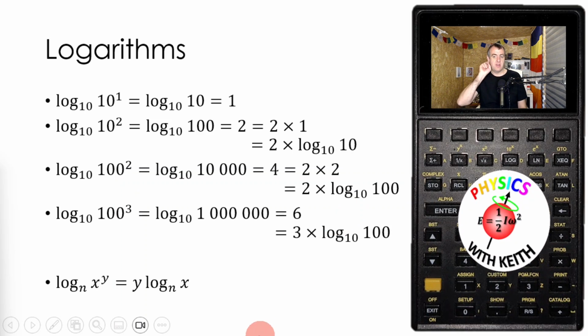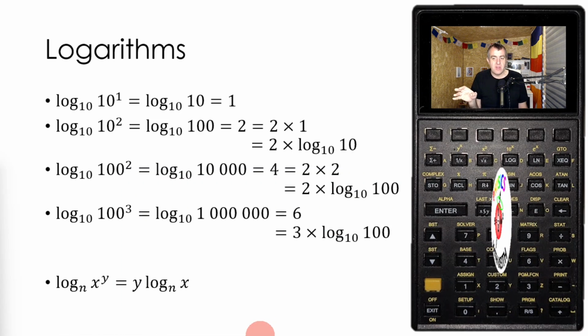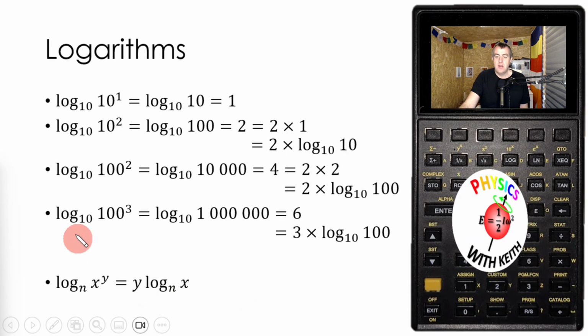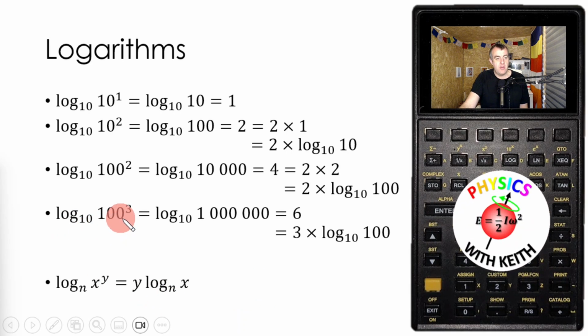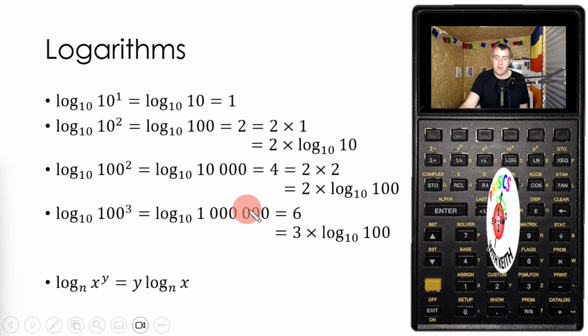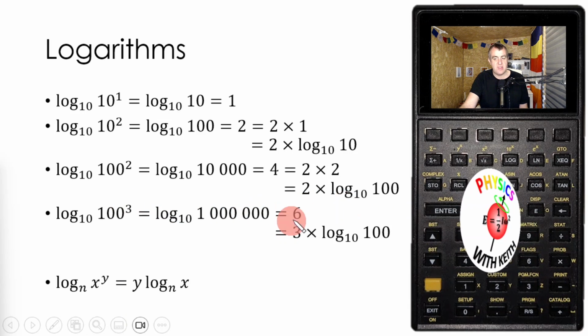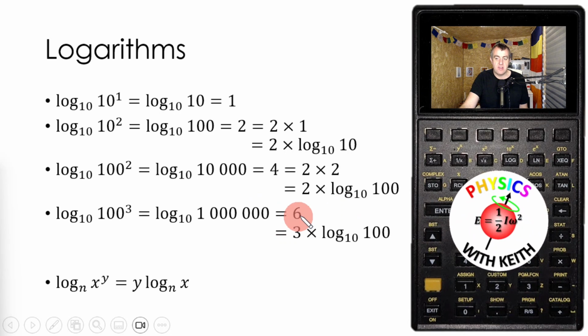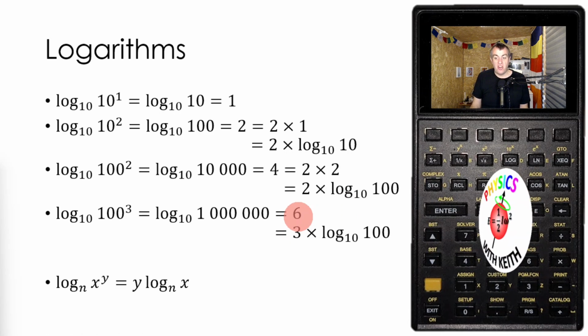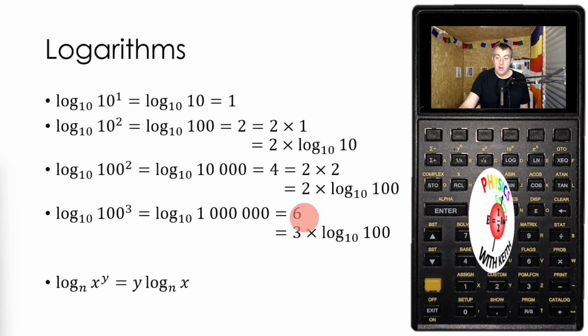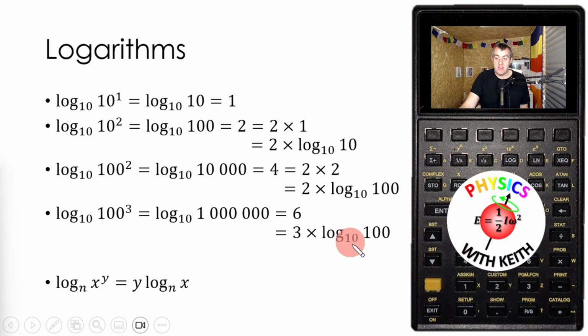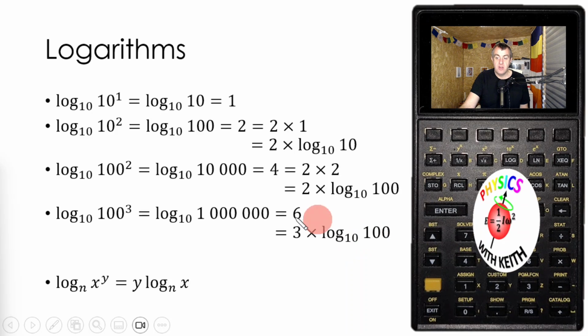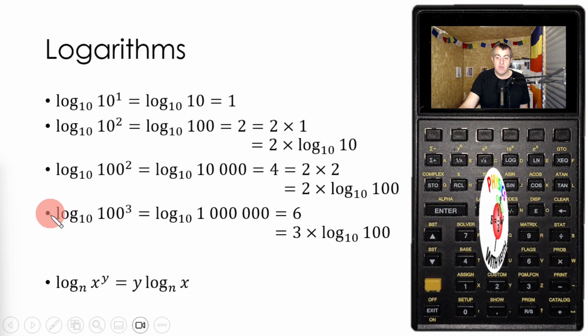Let's do one with a different exponent. Log base 10 of 100 to the power of 3. 100 to the power of 3 is a million. So that's 6. Well, 6 is just 3 times 2. And what's 2? 2 is log with a base 10 of 100. So it's like we've taken that 3 and moved it down here.